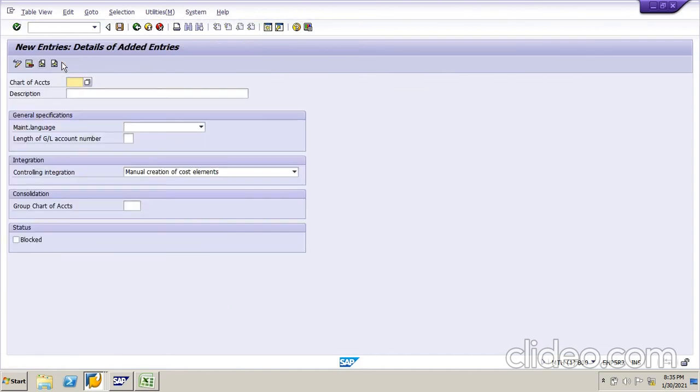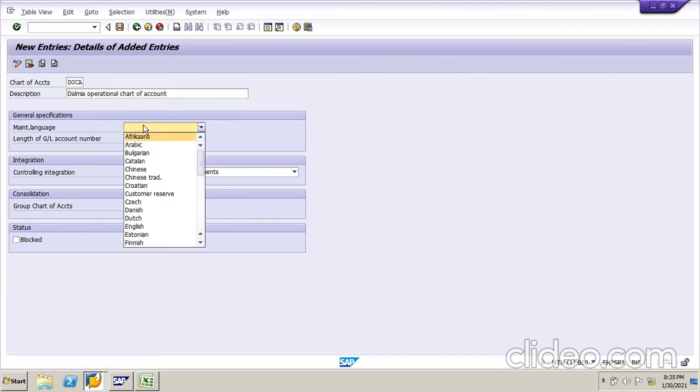Click on new entries, chart of account. So just give any 4 digits codes. I'm giving DOCA. Dalmia operational chart of accounts.